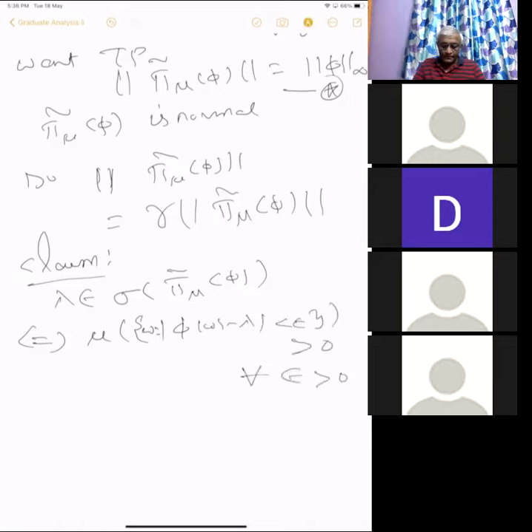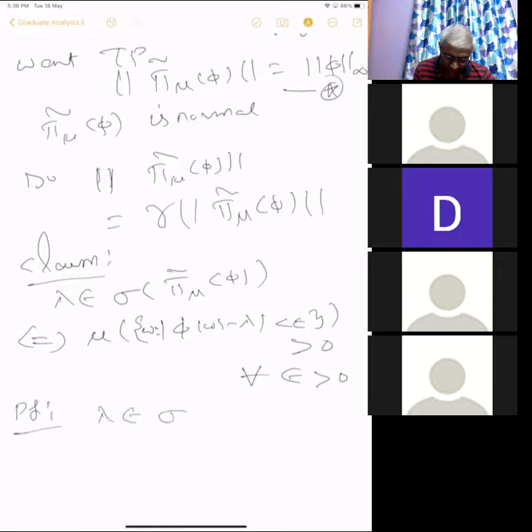So lambda is in the spectrum of this multiplication operator pi mu phi if and only if the mu of this set has to be greater than 0 for all epsilon. Okay. So first let us prove this.